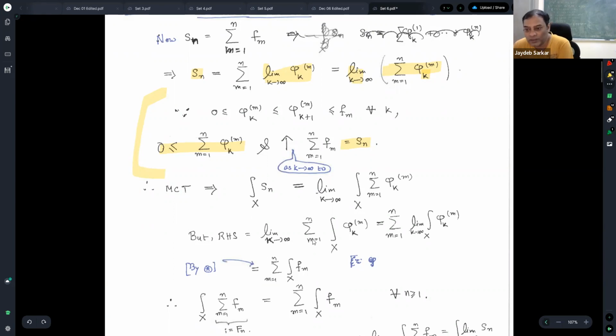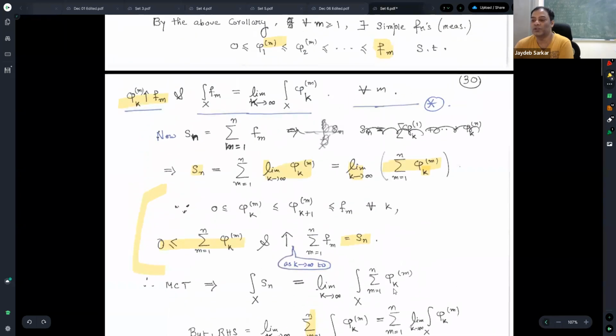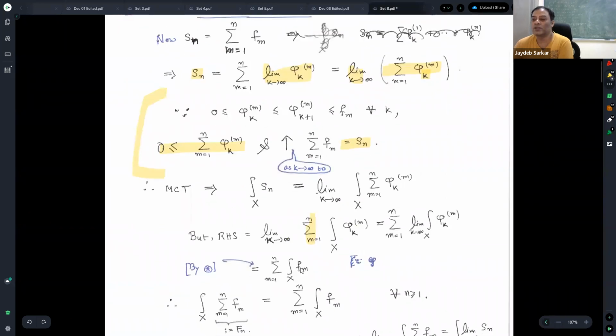Since it is again a finite sum, you take it out. So this comes out and your limit goes in, right? So this is the limit as k goes to infinity of the integral of phi_km, but we know this is nothing but the integration of fm, correct? So this is nothing but the integration of fm by star.